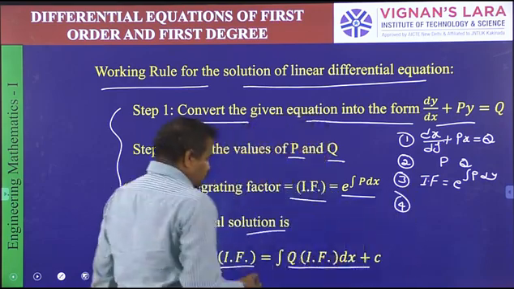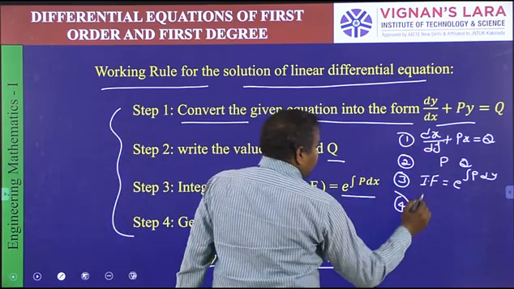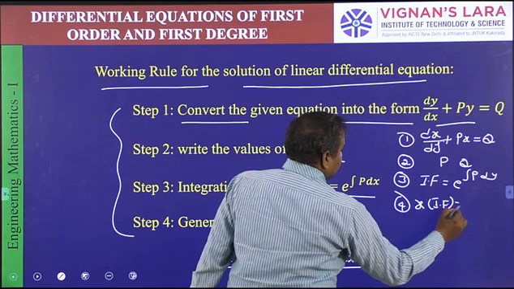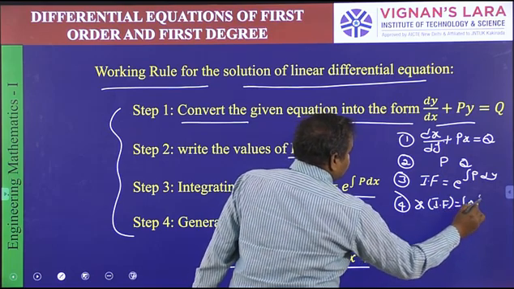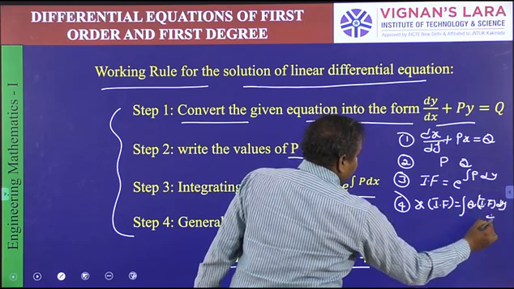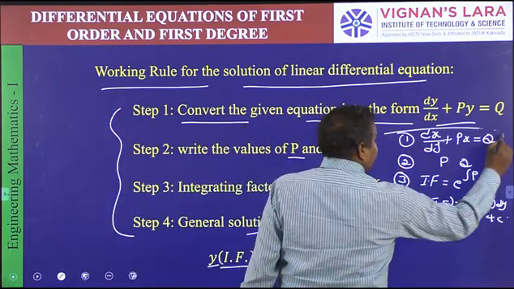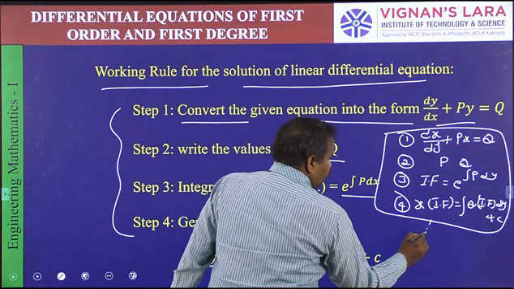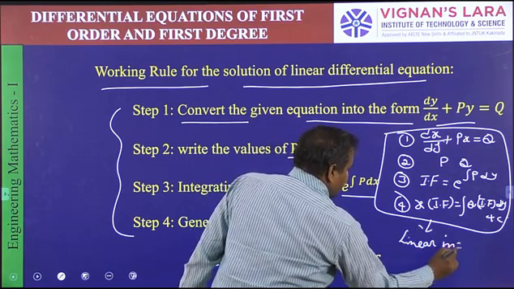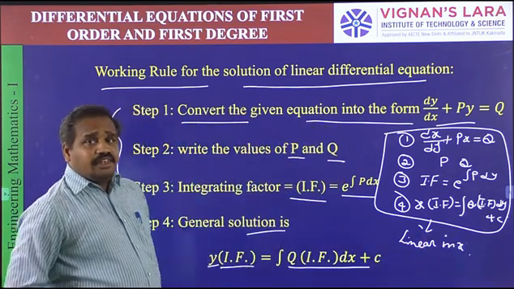Coming to the fourth step, the general solution: here x is the dependent variable, so x into integrating factor is equal to integral of q into integrating factor into dy plus c. This is called the general solution. So these four steps are required for linear in x. So we check whether the given equation is linear in y or linear in x.